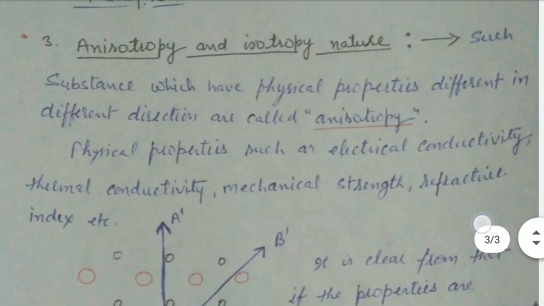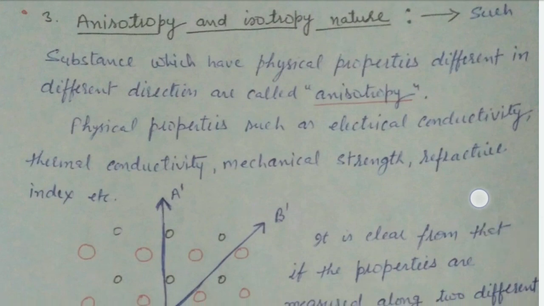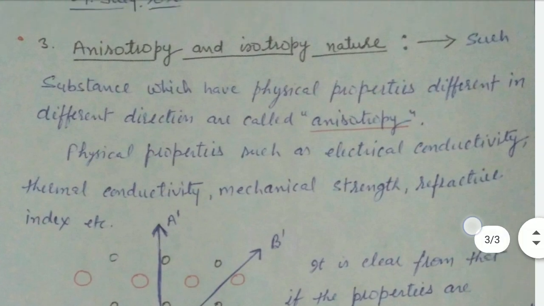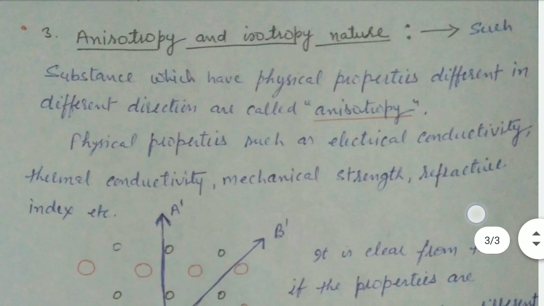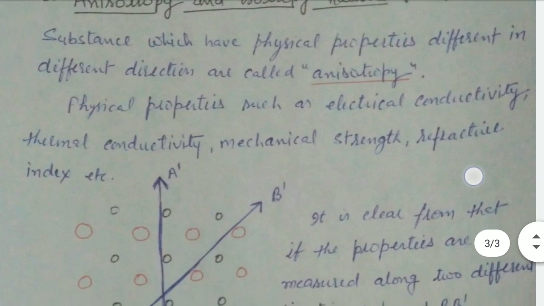Physical properties such as electrical conductivity, thermal conductivity, mechanical strength, refractive index, etc. Such substances which have these properties different in different directions are called anisotropic in nature. Crystalline solids are anisotropic in nature.